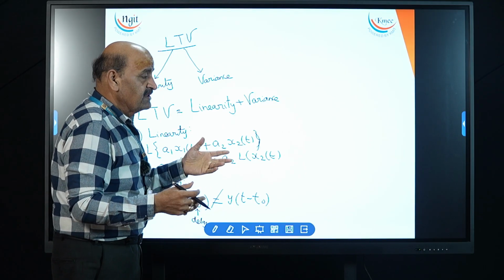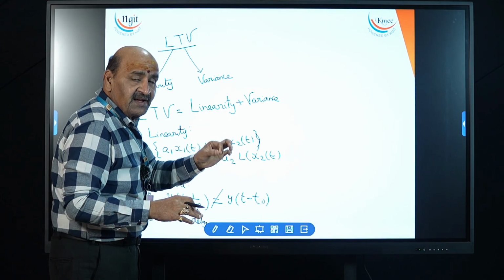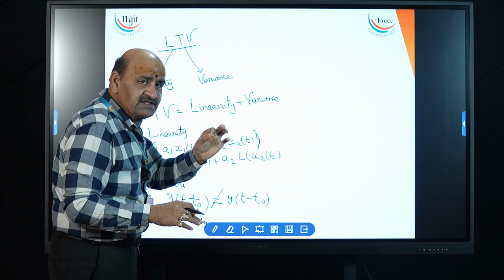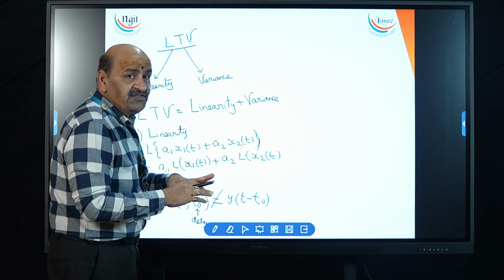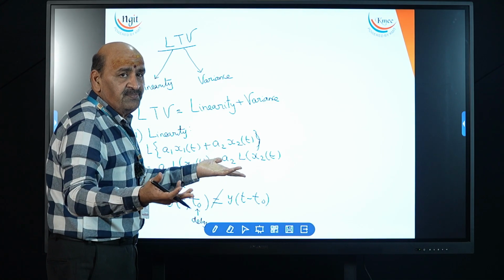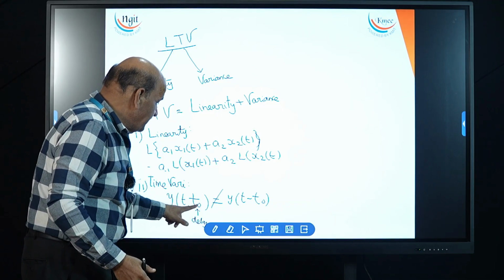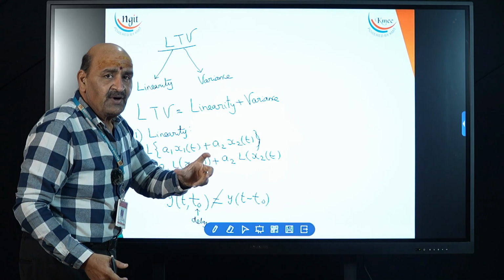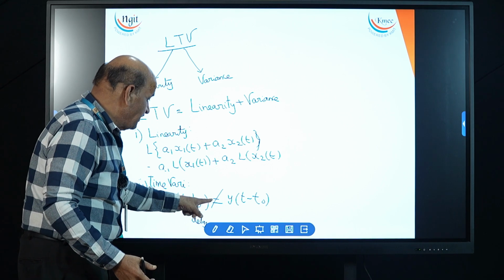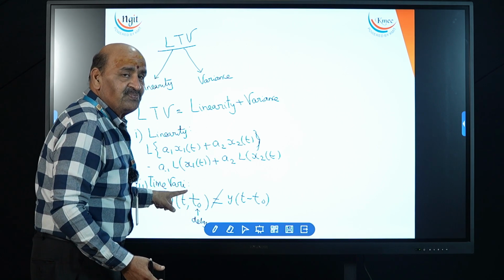There is no guarantee that it will give exactly the correct output at all instants of time. It is time dependent, that's why it gives various outputs. In this way, the system is called a time variant system.